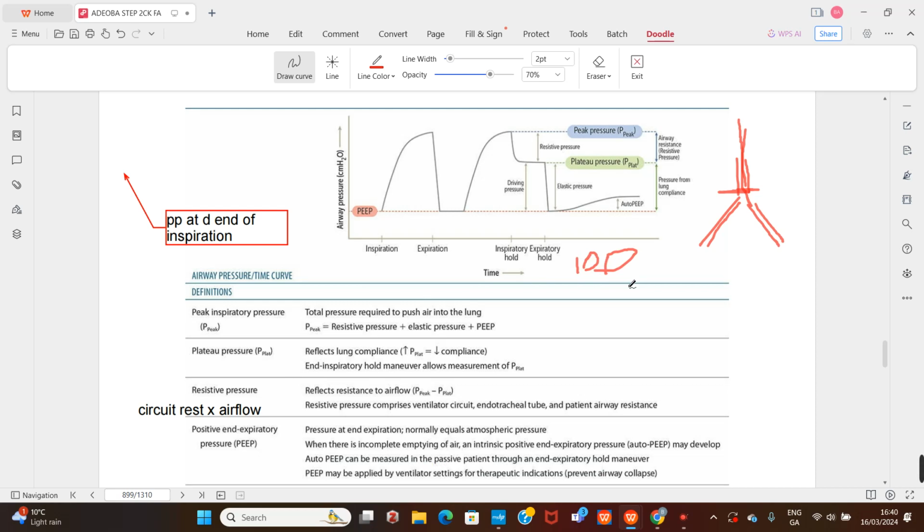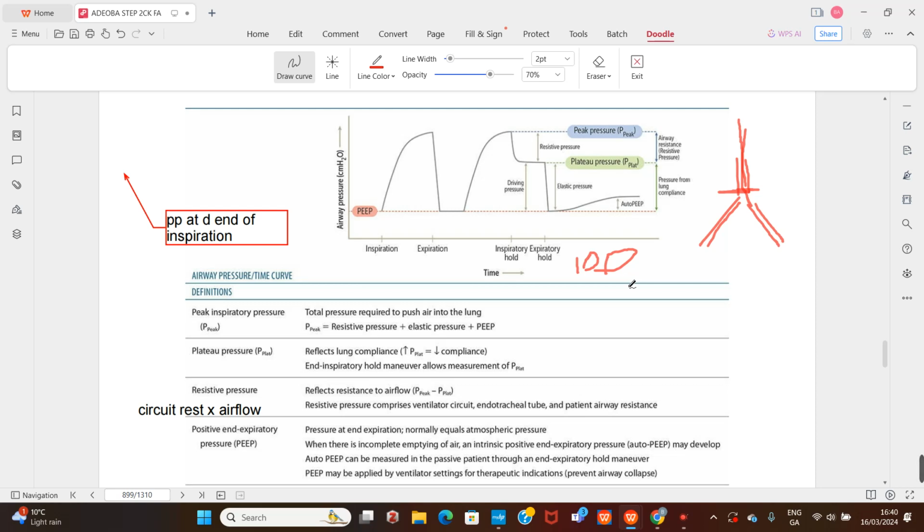Aside from this resistive pressure, there's something else: elastic pressure. Elastic pressure is more like elastic recoil. So that is a function of the compliance of the lung. We know normally that the lungs have a tendency to recoil on themselves and come inward.